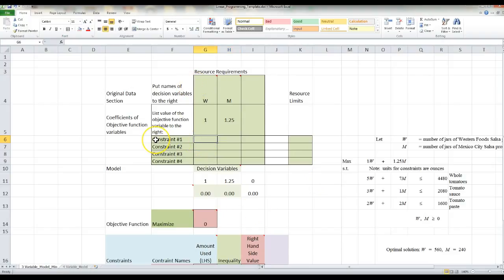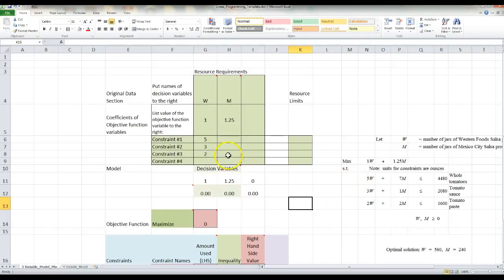So I've set up, in this case, actually 4 rows for the constraints, even though I only have 3 constraints for this particular problem. That way I can simply type in the coefficient values for each of the constraint equations.